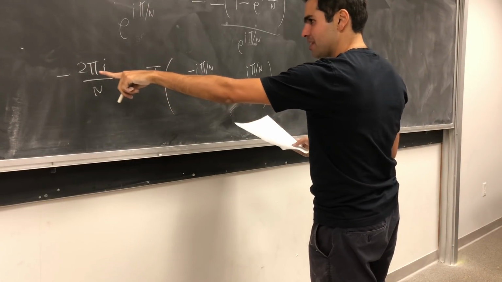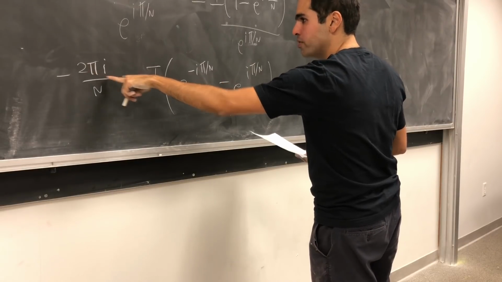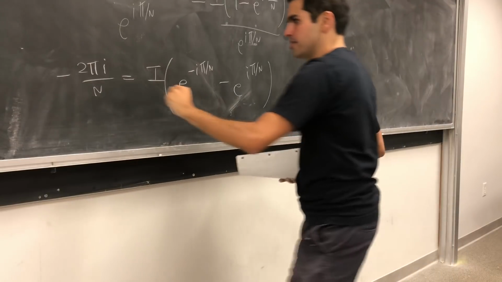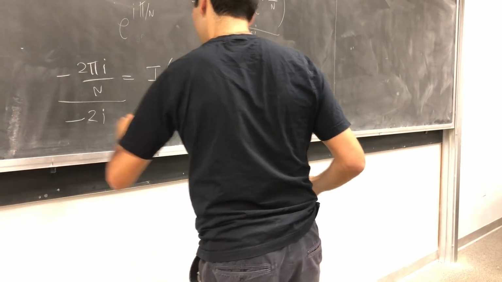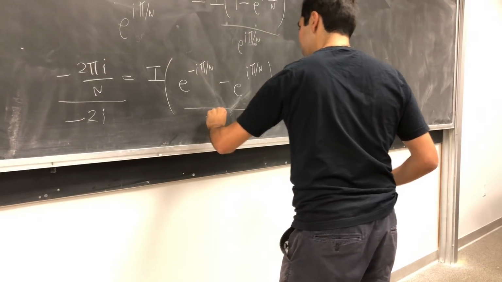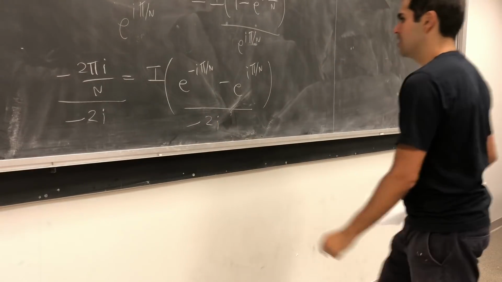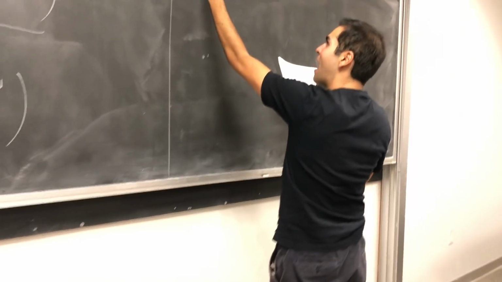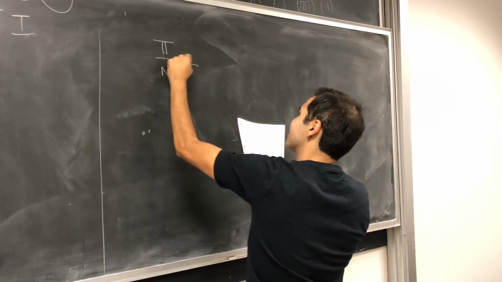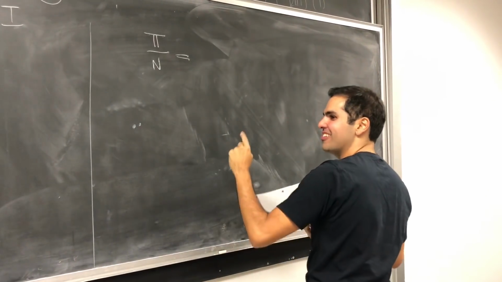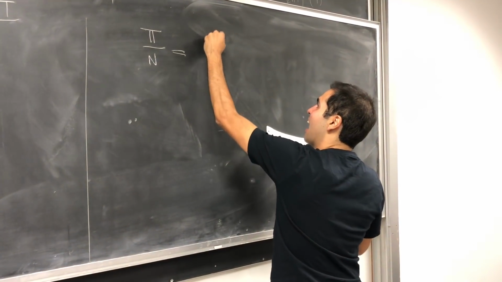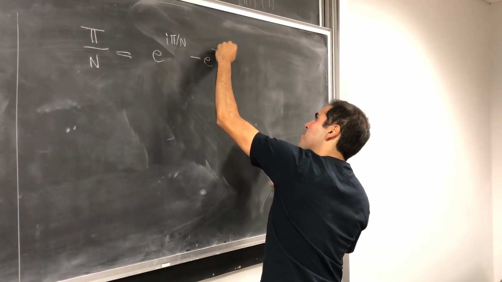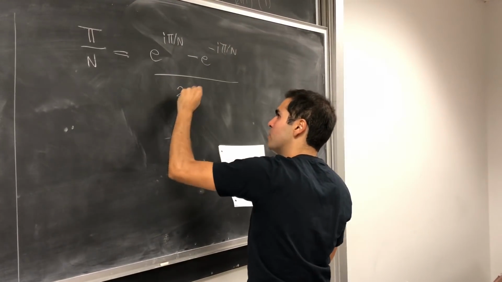So then let's just divide both sides by minus 2i. Then we're left with pi over n equals I times e^(i pi over n) minus e^(-i pi over n) over 2i.